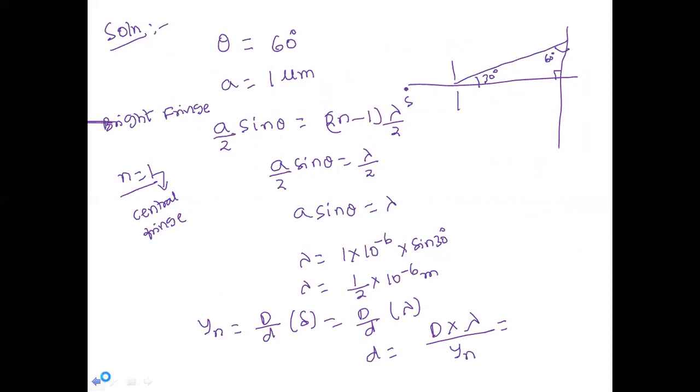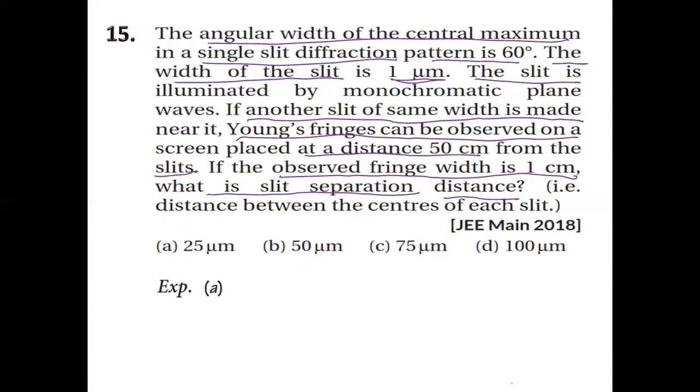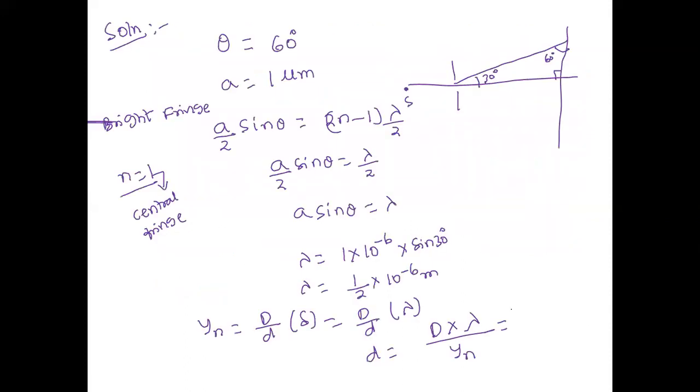Capital D, the distance between the slit and screen, they gave it as 50 centimeter and fringe width as 1 centimeter. That is 50 into 10 power minus 2 multiplied by 10 power 6, 10 power minus 6 by 2 into 1 centimeter, right?